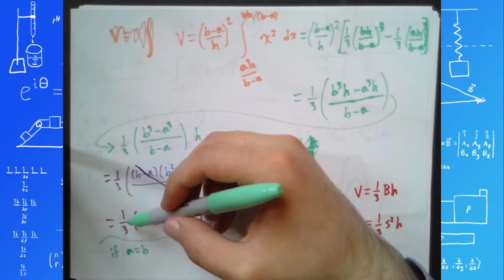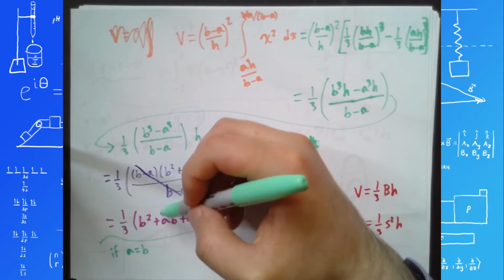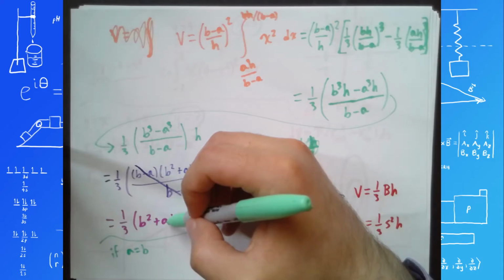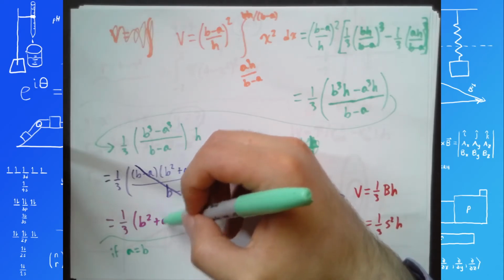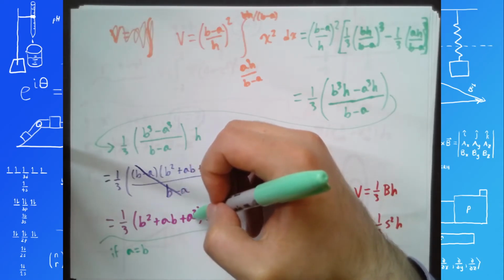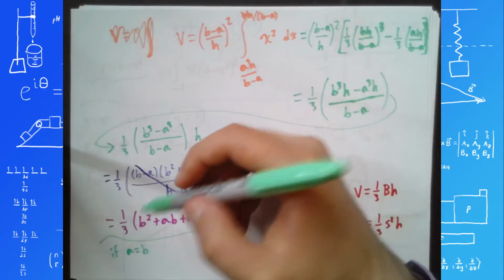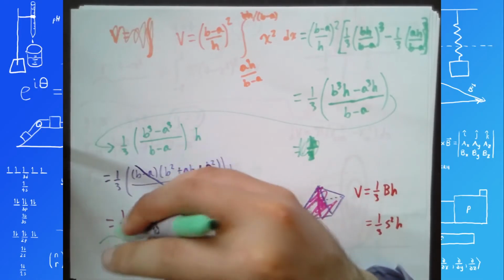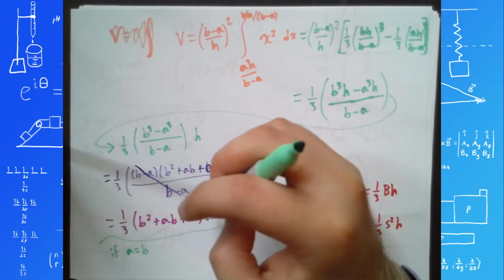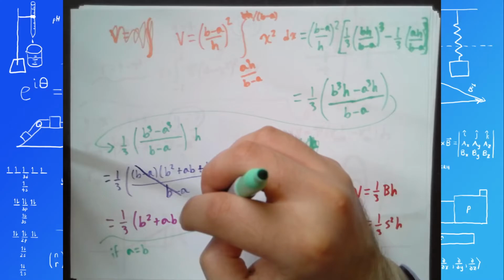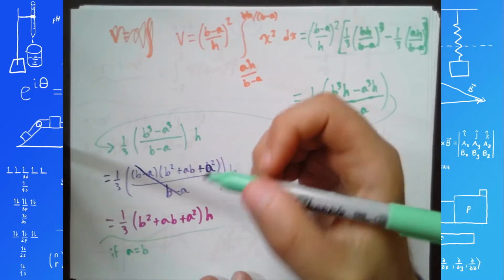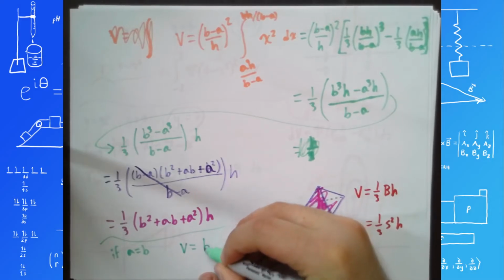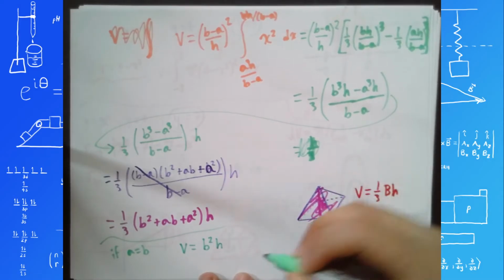Let's say I substitute the A with B, so that's 1/3 B squared plus B times B, which is another B squared, plus A squared just becomes B squared. So that's B squared plus B squared plus B squared, which is 3B squared, times 1/3 is 1B squared, times h. If A equals B, then the volume becomes B squared times h.